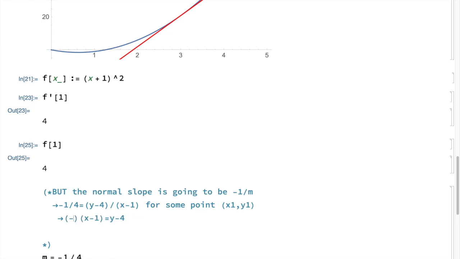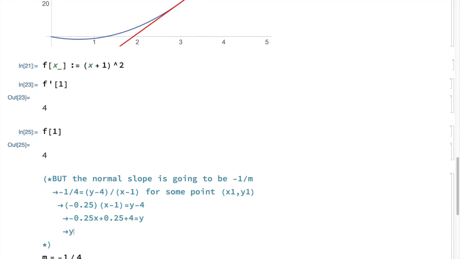Why don't I actually change this to a negative 0.25? Because I think that my math loves decimals a lot more than fractions. So let's distribute that. I'll have negative 0.25x plus 0.25. And why don't I go ahead and add the 4 to the other side? So plus 4 is equal to y. So my final answer is going to be y is equal to negative 0.25x plus 4.25.